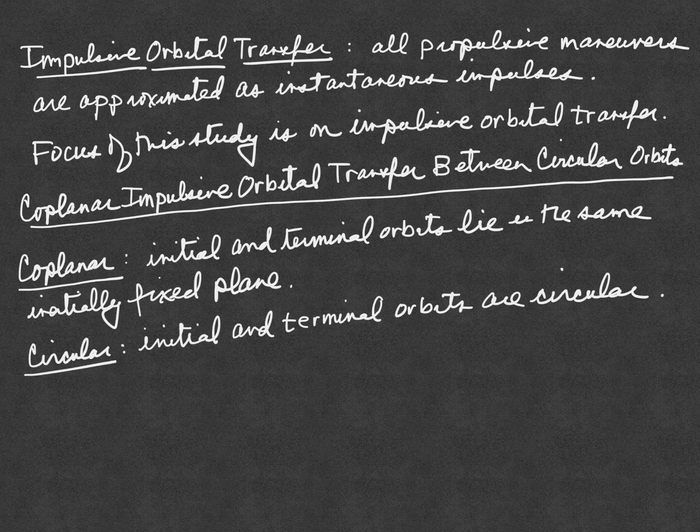And of course, we've discussed earlier that we're dealing with orbit transfer about a single body. So we're not changing between bodies. Our central body remains the same for this orbit transfer. Now, the most fundamental type of impulsive orbital transfer is what's called a two-impulse orbital transfer.